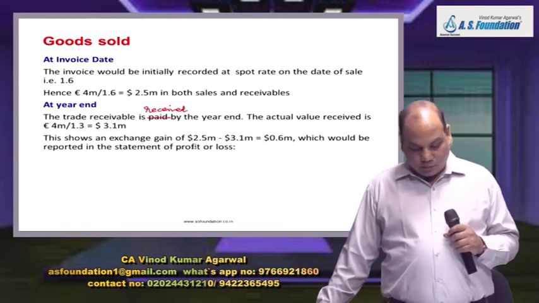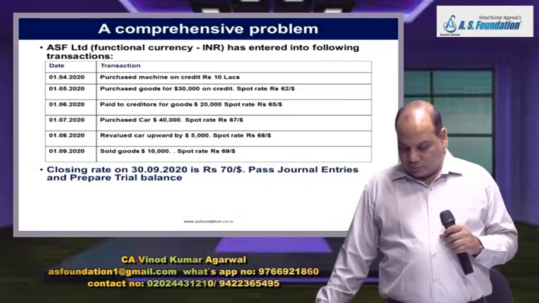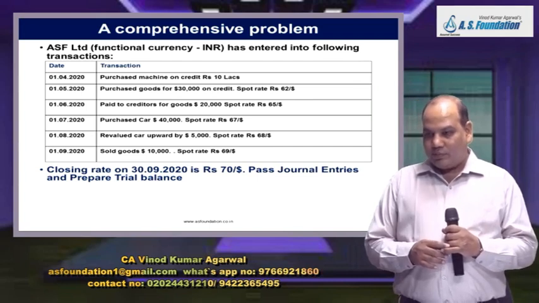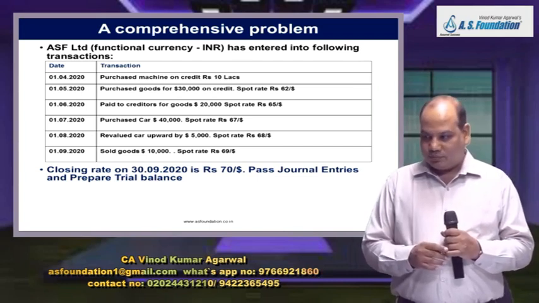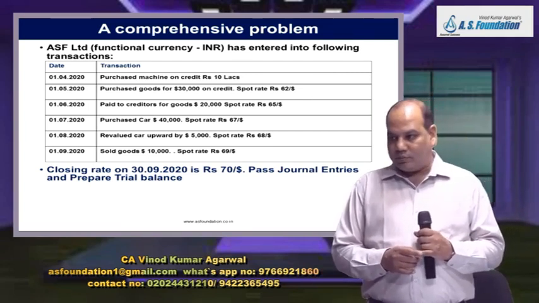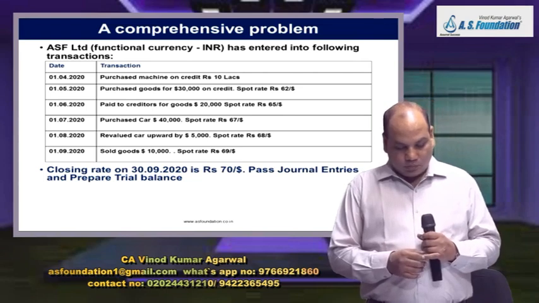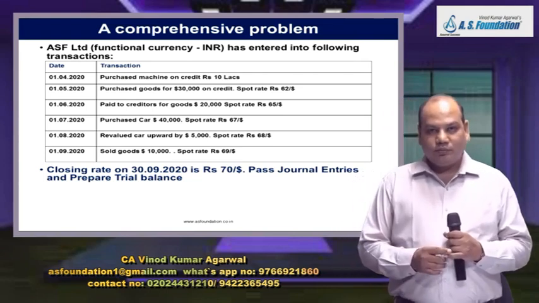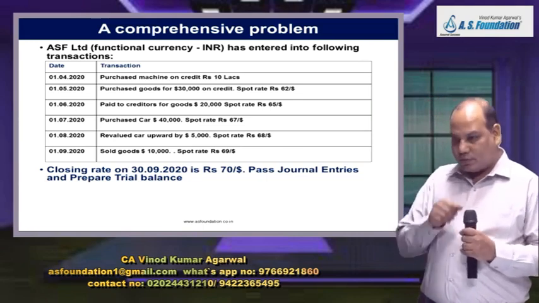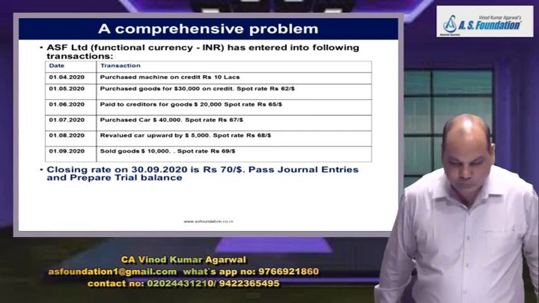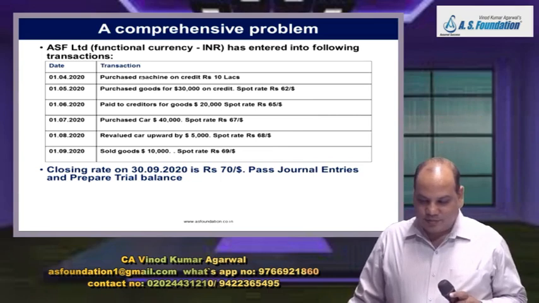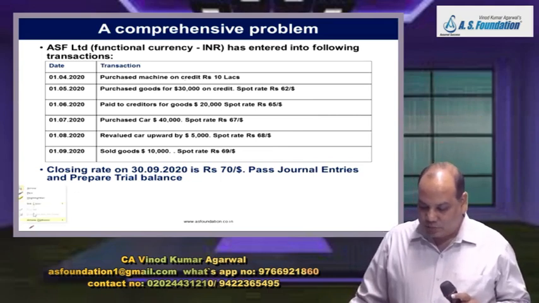Now we'll take a little comprehensive question where you have to solve 6 or 7 transactions at a time. Question number 21. ASF Limited, in bracket functional currency INR, has entered into following transactions. 1st April 2020, purchase machine on credit rupees 10 lakh.